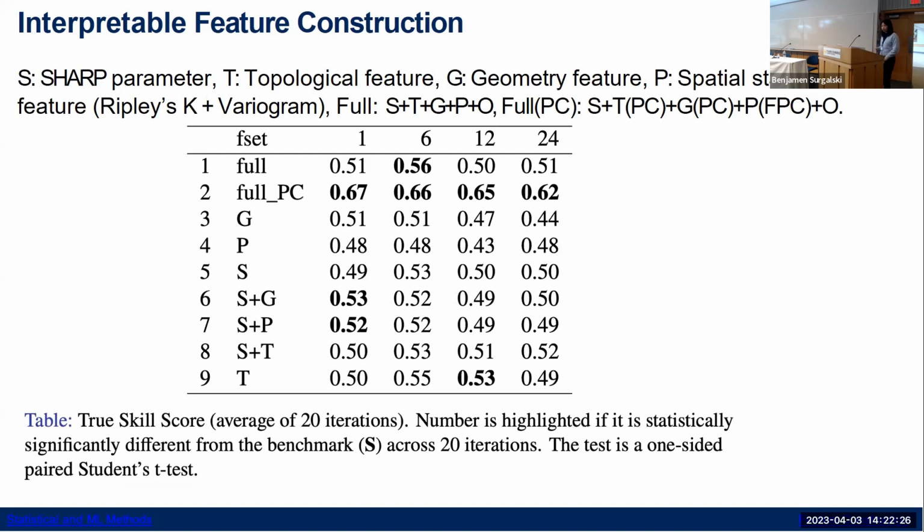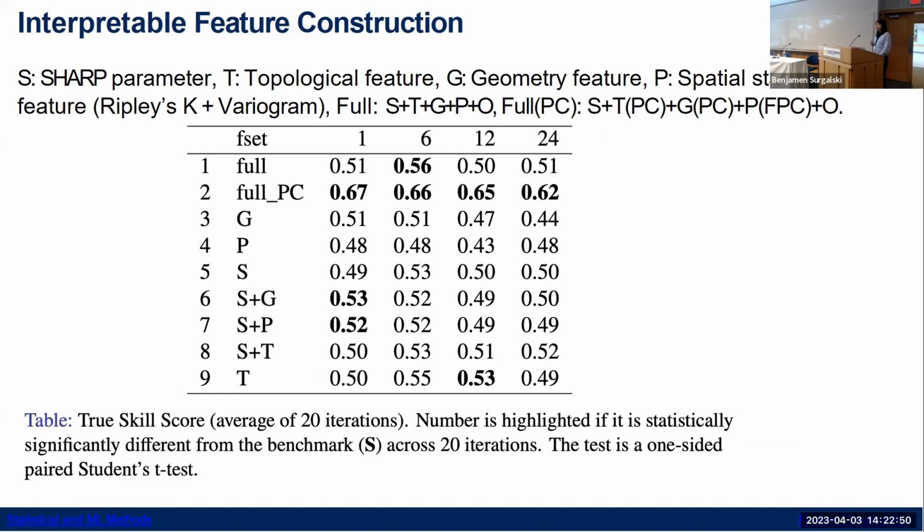And what we can actually show is that using this combined knowledge of topology, geometry, and the spatial separation information within those higher dimensional images, we can improve the prediction performance by quite a bit as compared to the vanilla physics-based parameters.